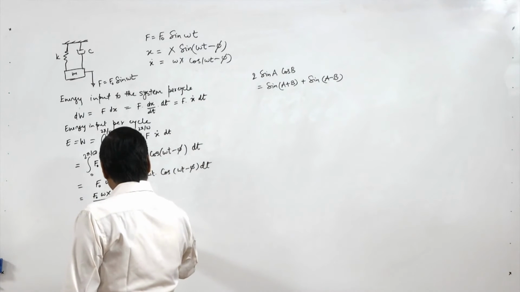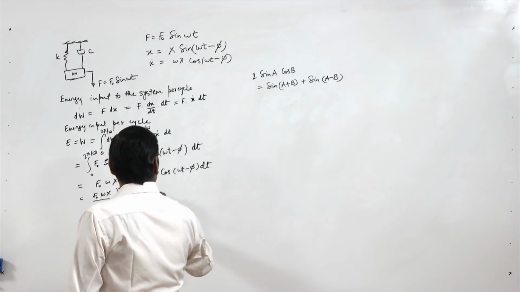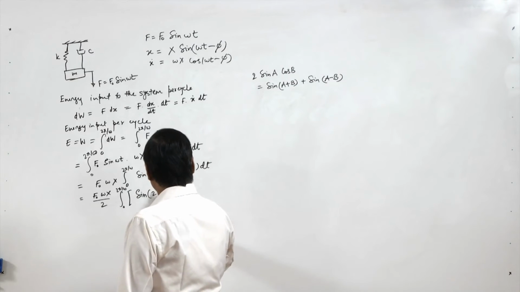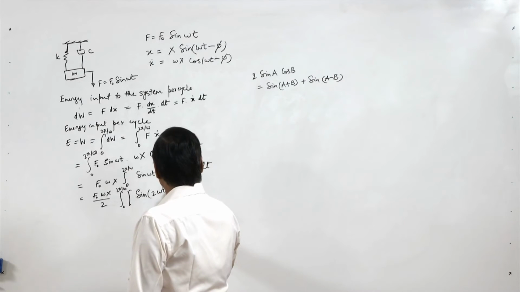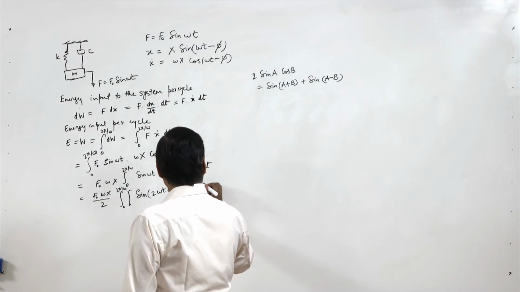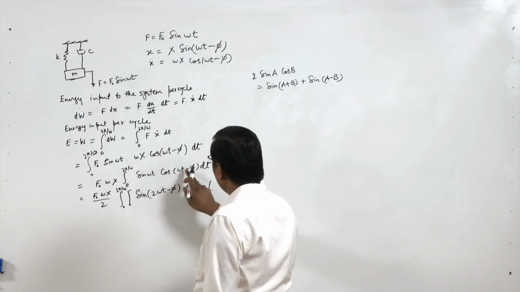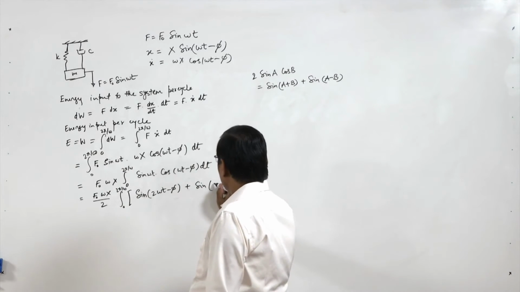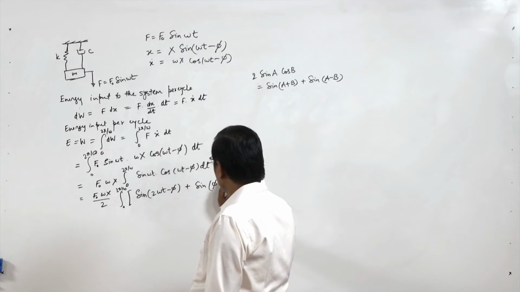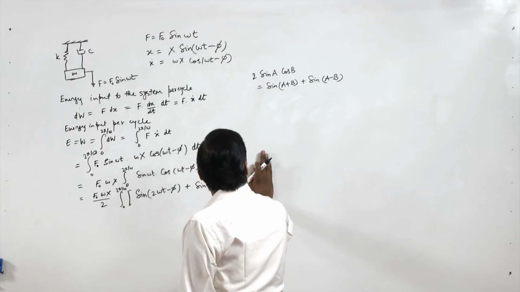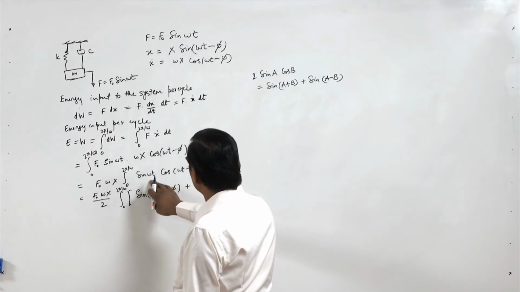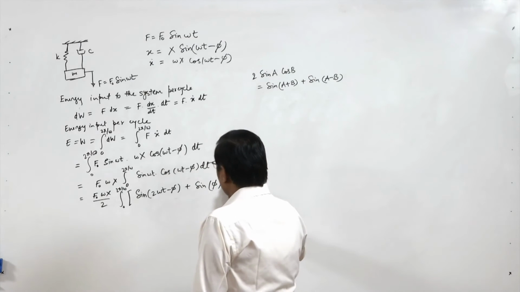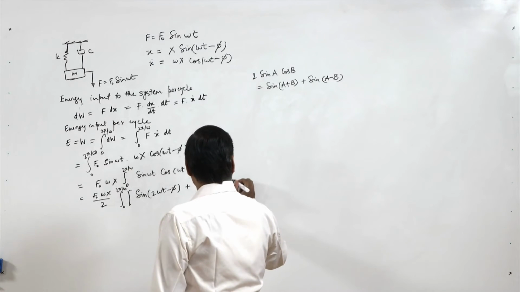So we can write sin(a plus b), so it is omega t plus omega t minus phi, 2 omega t minus phi, plus sin(a minus b), so omega t minus omega t plus phi. So it is sin phi, into dt.